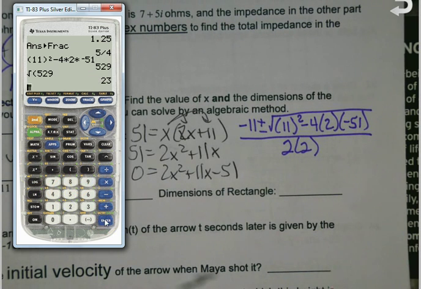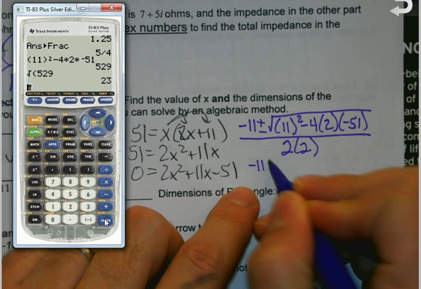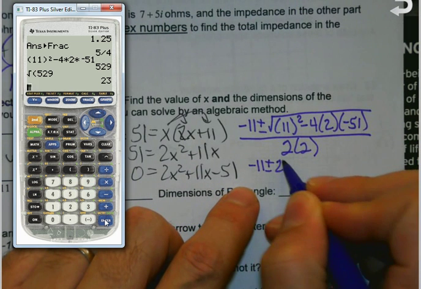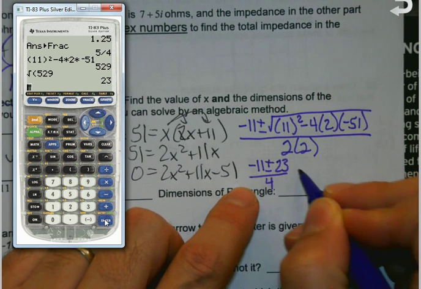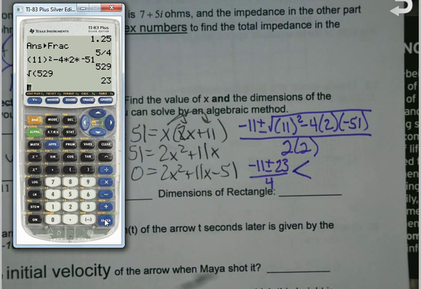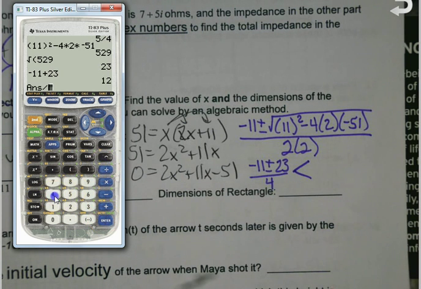Oh, it does. Okay. So negative 11 plus or minus 23 over 4. So I take care of each of those. So I do negative 11 plus 23 divided by 4. You're like, Harty, why didn't you just type it all in at once?